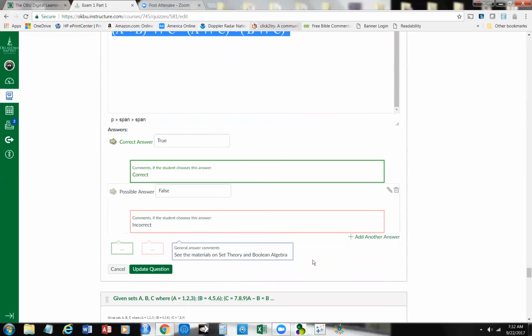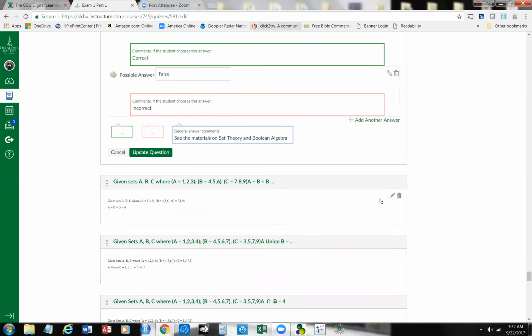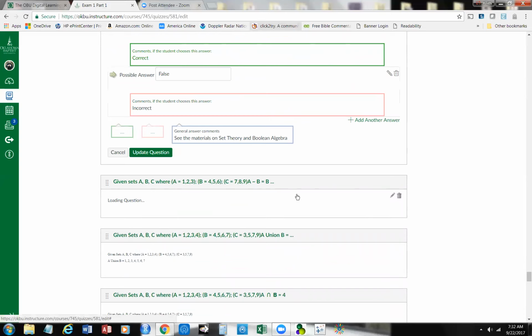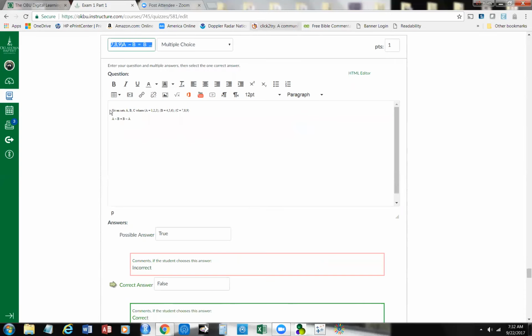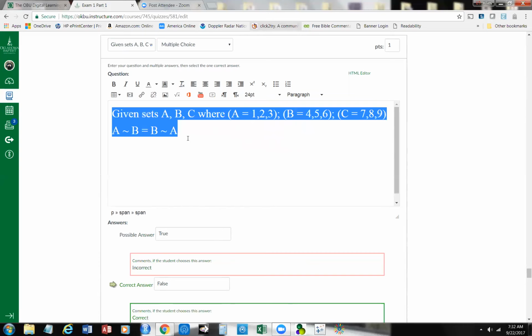And I told you, see the materials on set theory and Boolean algebra. We'll do some more here. I'll pop this up so you can see it. And that's true.